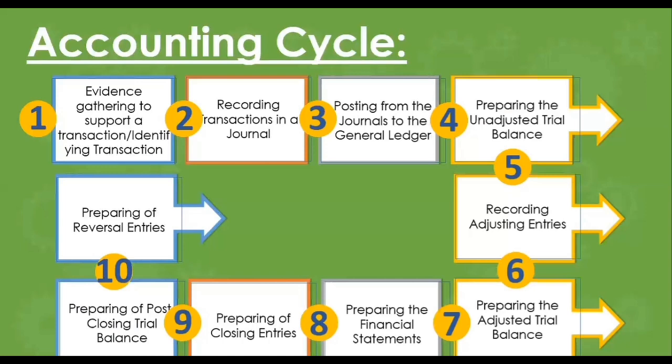After preparing the unadjusted trial balance, the next step of the accounting cycle is recording adjusting entries. Adjusting entries ensure that the revenue recognition and matching principles are followed. Again, just a brief recap.